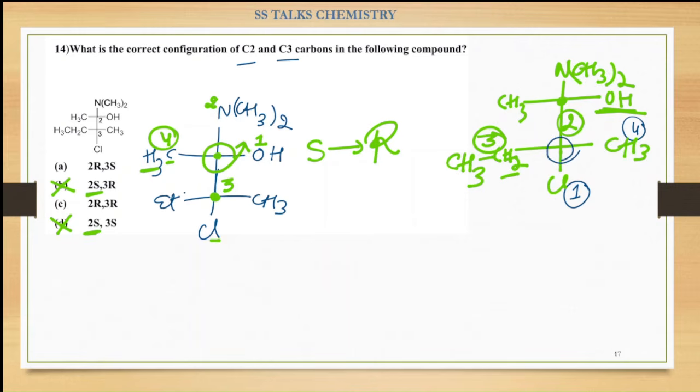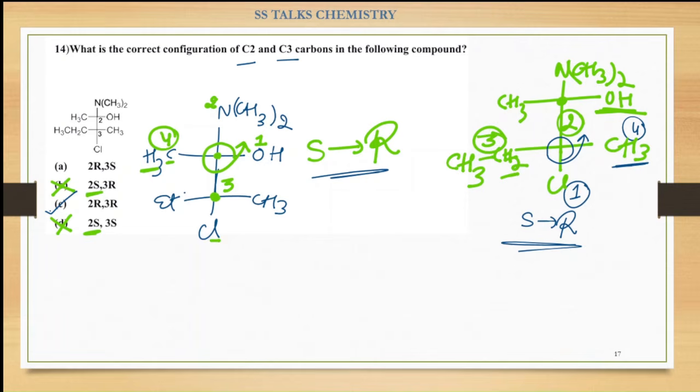It is going in the anti-clockwise direction, so I get the S configuration, but the methyl, the fourth priority group, is again on the side, so this will be inverted and become the R configuration. So at the second position R was present, and at the third position I also have the R configuration. So the third option is going to be the correct answer to this question.